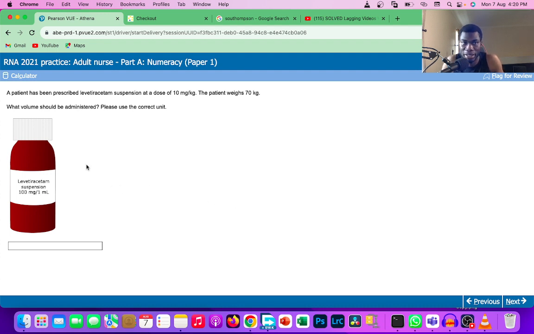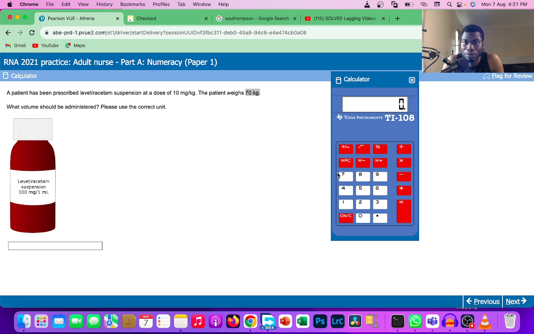So we are on question 8. The patient has been prescribed levetiracetam suspension at a dose of 10 milligrams per kilogram, and then the patient weighs 70. Alright, 10 per kilogram, the patient weighs 70. So what are you supposed to do? You are first supposed to multiply the patient's weight, 70, by 10. So 70 by 10, we're going to get 700. So that will give us 700 milligrams, and it came in 100 milligrams per mil.